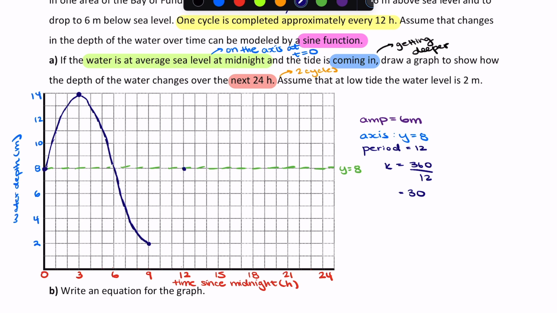So at 12, it goes back to the axis at y is equal to 8. And at 15, it reaches the maximum.